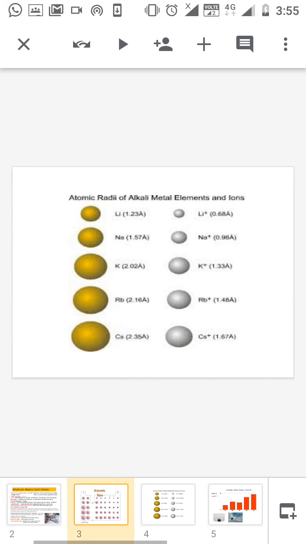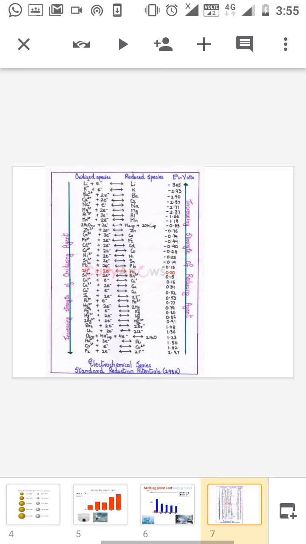Now, the electrochemical series. The electrochemical series is the arrangement of the elements in increasing order of standard reduction potential. This is the electrochemical series. At the top, we can see lithium, the alkali metal, followed by potassium, like that.